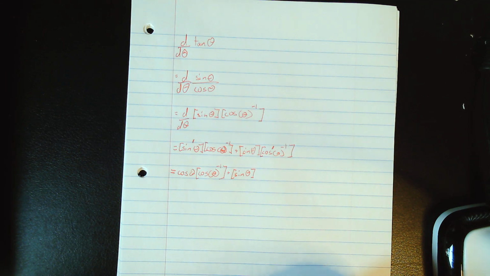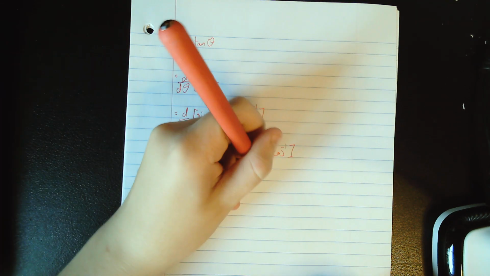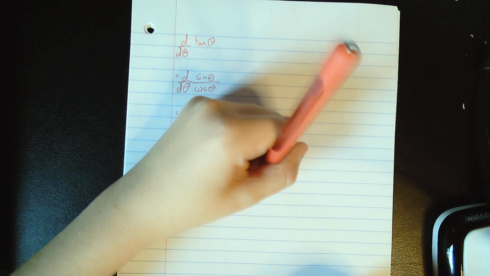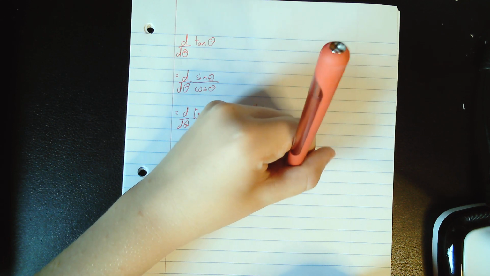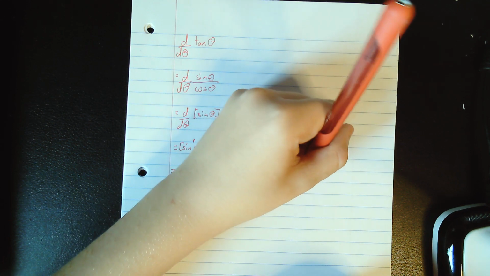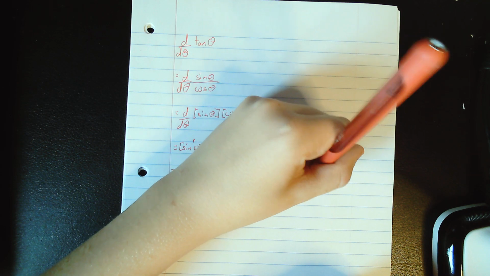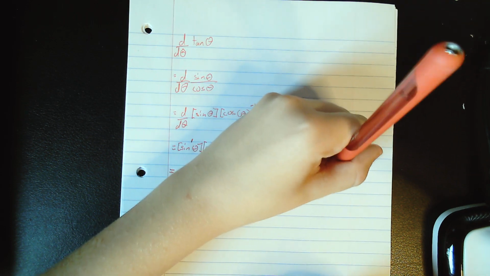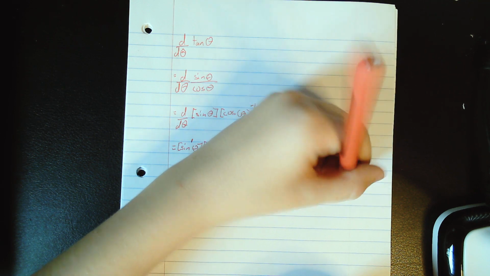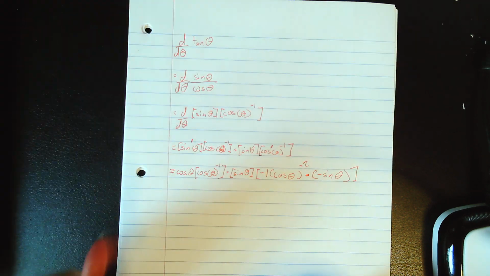This is where it's tricky, so you're going to have to stick with me here. The correct way to write this is to pull the negative 1 out, so negative 1 times cosine of theta to the negative 2 power times the inverse, which is negative sine of theta. That's the right way to write it.